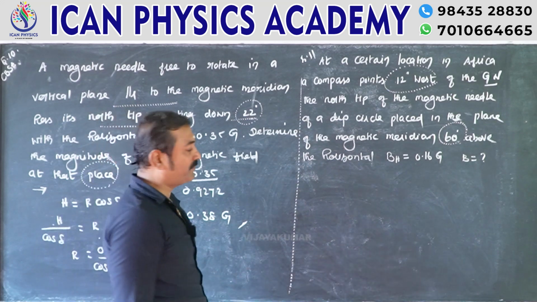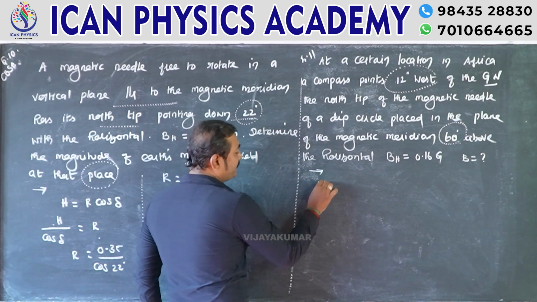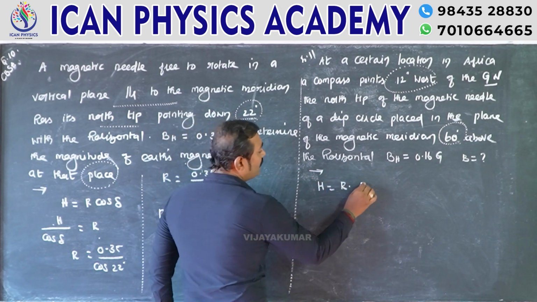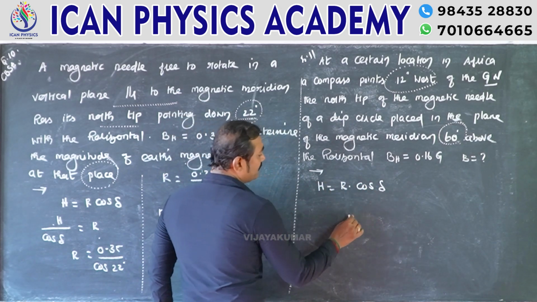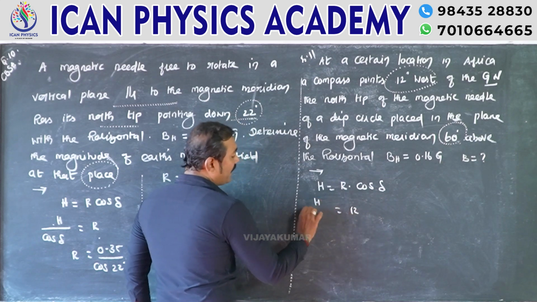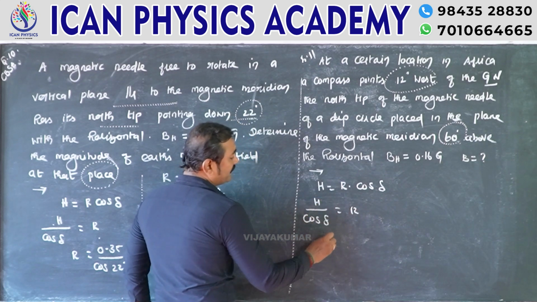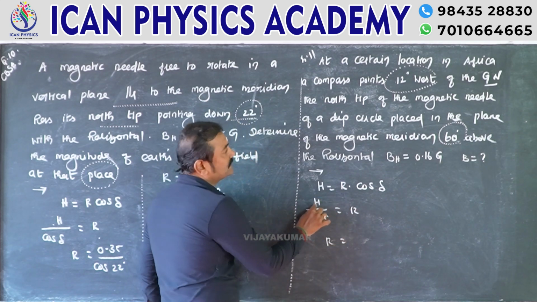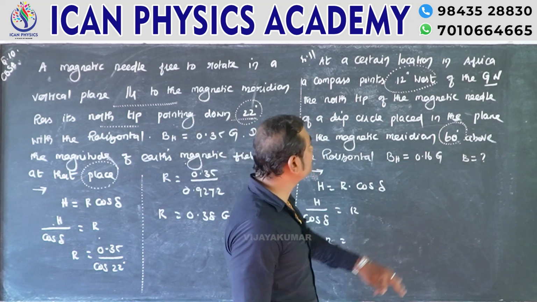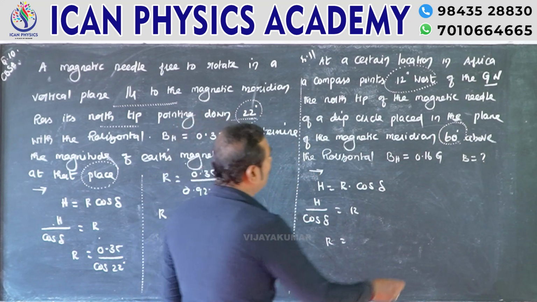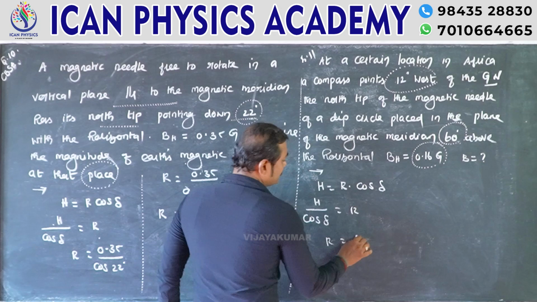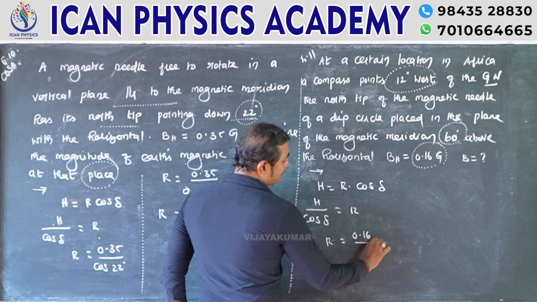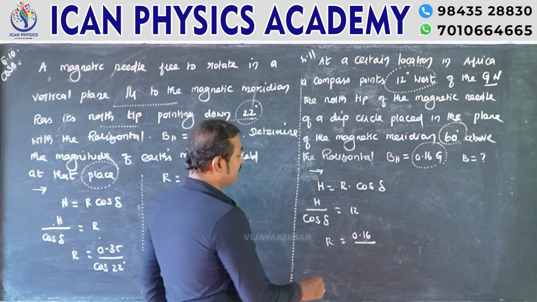So the same formula, that is the magnetic field, H equal to R into cos del. Then R equal to H by cos del. So what is the value of H? That is 0.16. So 0.16 divided by cos del.